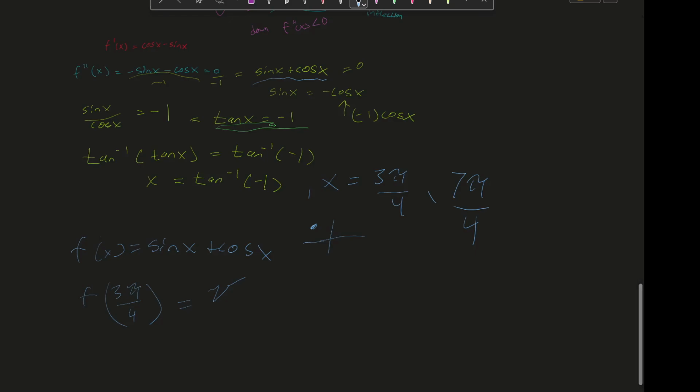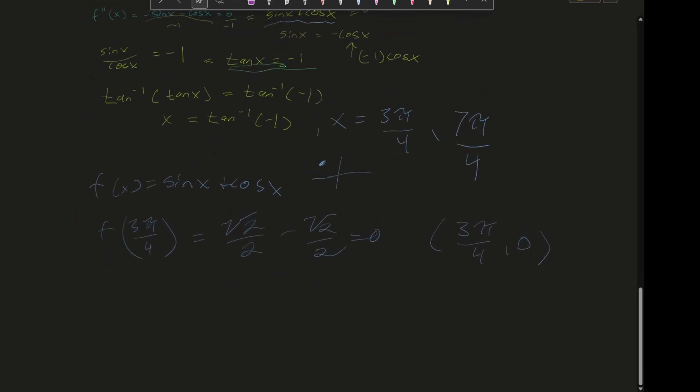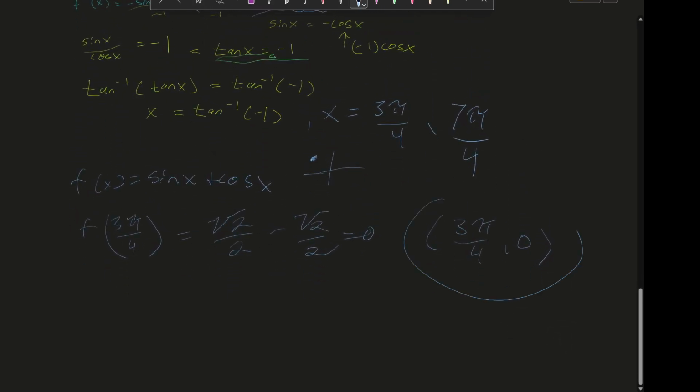So sine would be root 2 over 2, and cosine is negative root 2 over 2. That's 0. Just throwing it in to show, since the functions are technically pretty much the same. So that's one inflection point, and your other inflection point is going to be 7 pi over 4, 0.